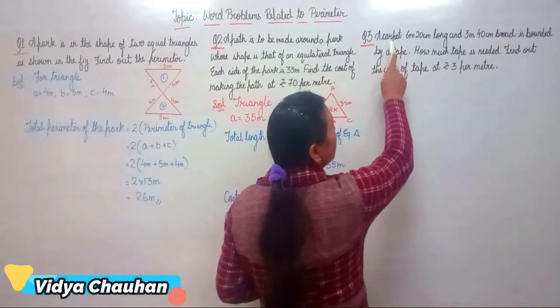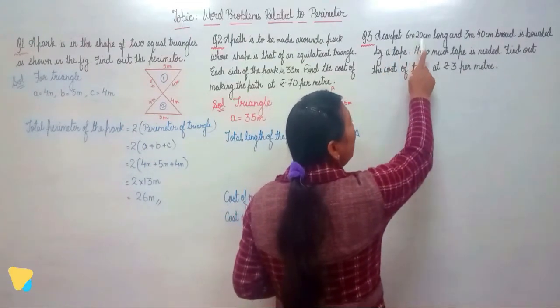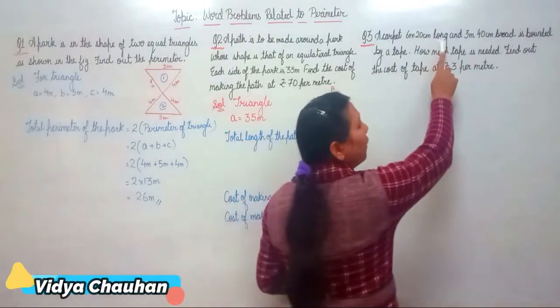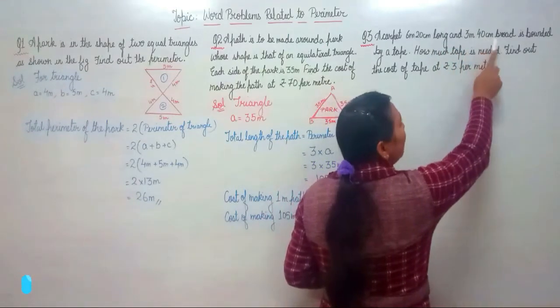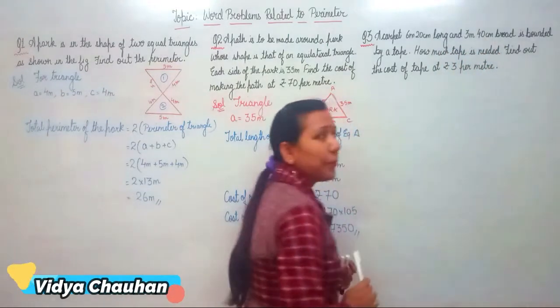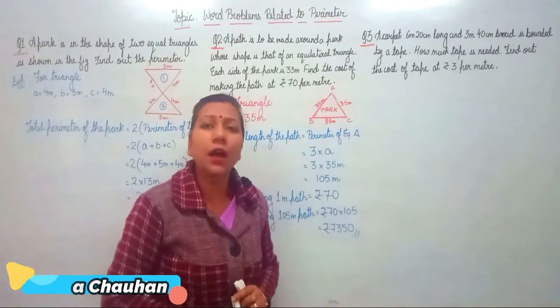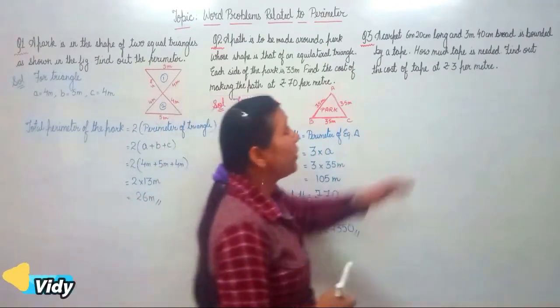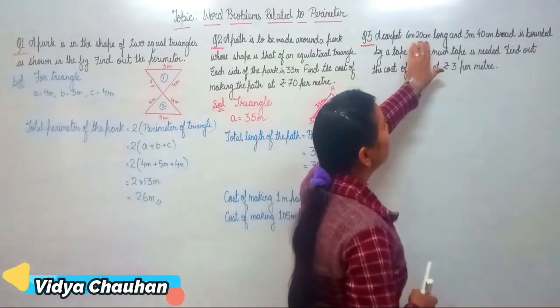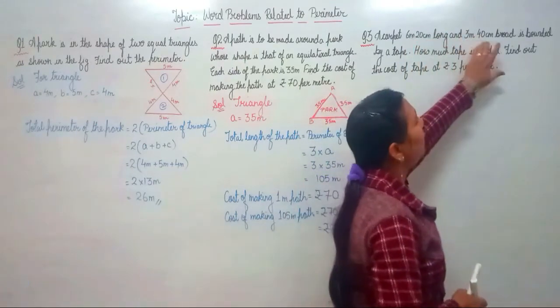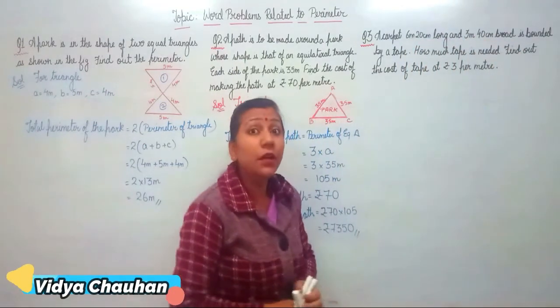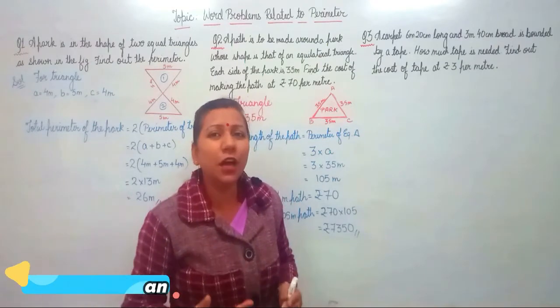In the third question, a carpet 6 meter 20 centimeter long and 3 meter 40 centimeter broad. So what is given to us? A carpet. What is the shape of the carpet?